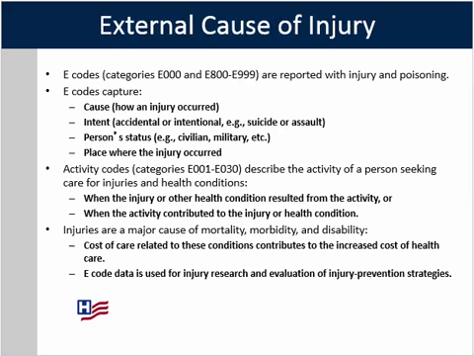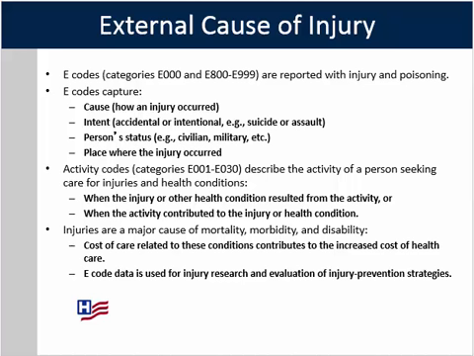External causes of injury and poisoning codes E000 and E800 to E999 are used with injury and poisoning codes to provide information about how an injury occurred, the intent, was it accidental or intentional, the place where the injury occurred, and the status, was the patient military or civilian at the time the injury occurred.